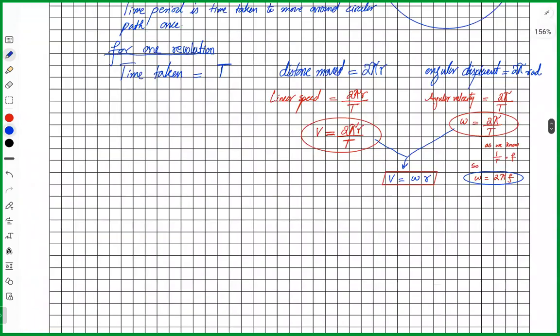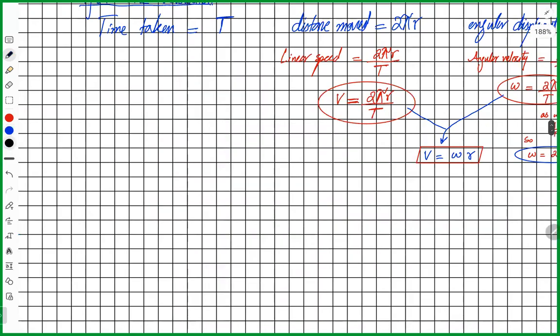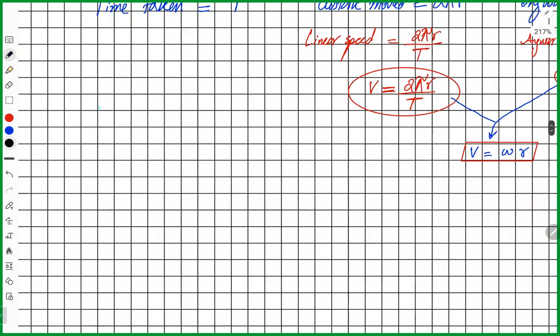Now we can find new formulas for centripetal force and centripetal acceleration. Centripetal force was m v square over r, but we now know v equals omega r. So Fc equals m omega square r square over r.